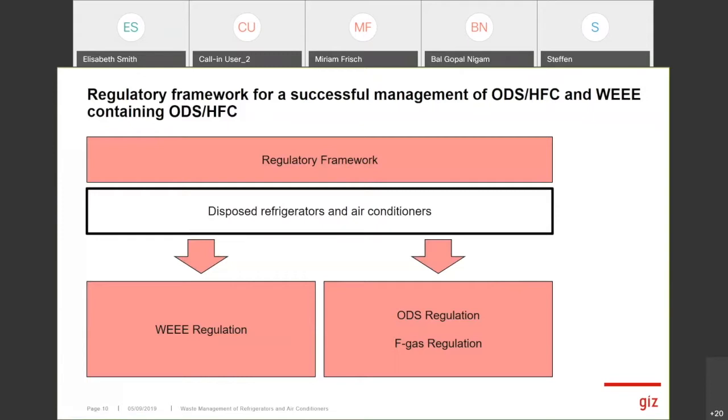For disposal of refrigerators and air conditioners, we have on one side the WEEE regulation, which is very important in Europe and tackles all the technical standards for the professional disposal of all these appliances. And the other column is the ODS regulation and the F-gas regulation we have in our countries.